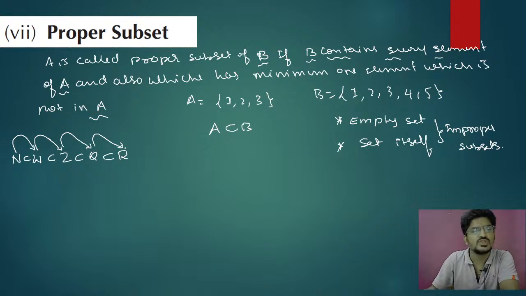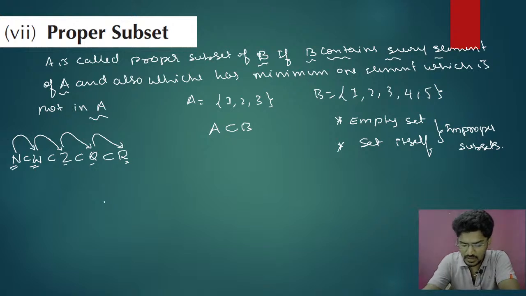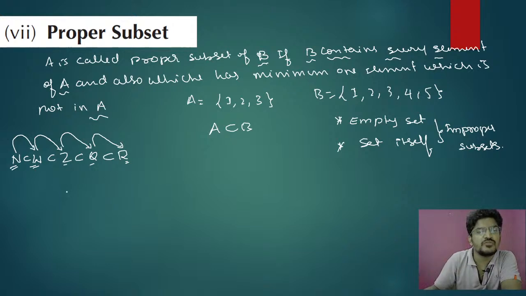So you can see every natural is a whole number. Every whole number is an integer. Every integer is rational. Every rational is real. Are you getting my point? Therefore, you can tell that natural numbers are a subset of whole numbers, whole numbers are a subset of integers, integers are a subset of rationals, and rationals are a subset of reals. Clear?